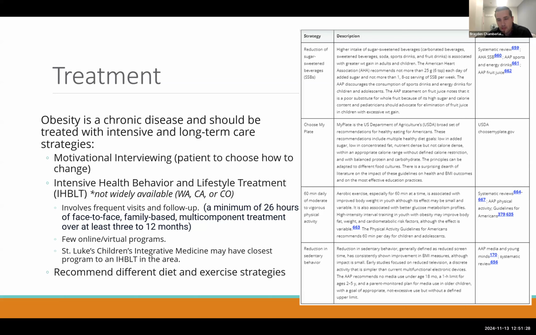The AAP currently recommends, or at least as of this guideline, recommended under age 18 months, no screen time, an hour limit for 2 to 5, and they didn't really give a limit for people beyond that, but they say non-excessive, whatever that's supposed to mean. But regardless, the gist of it is less screen time, more activity time, the better clearly it will be for your weight.